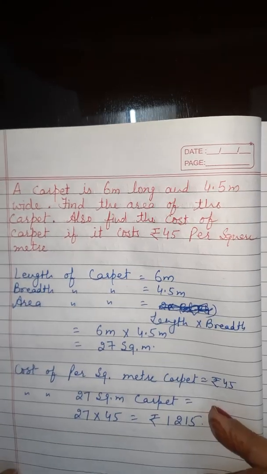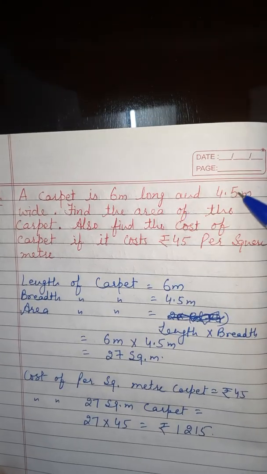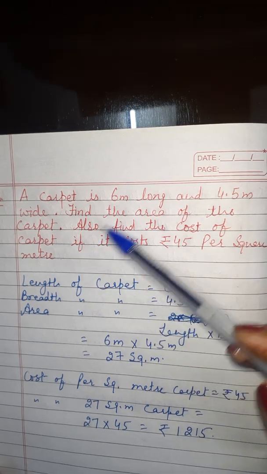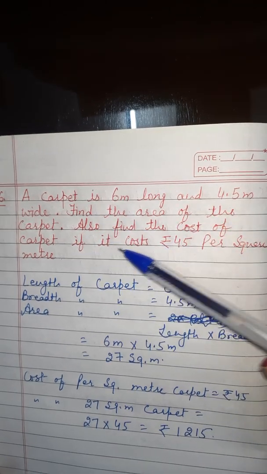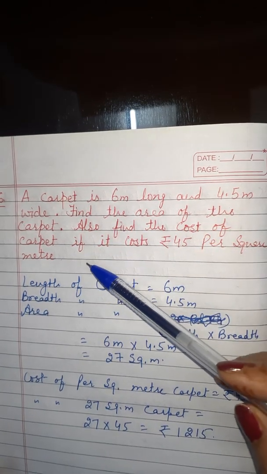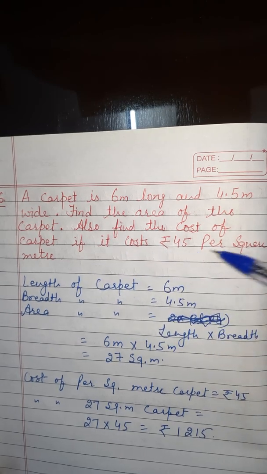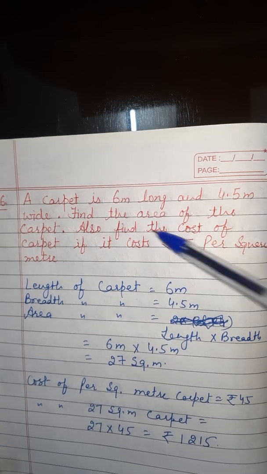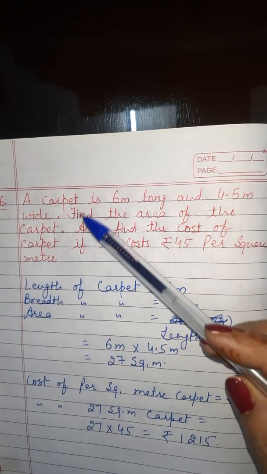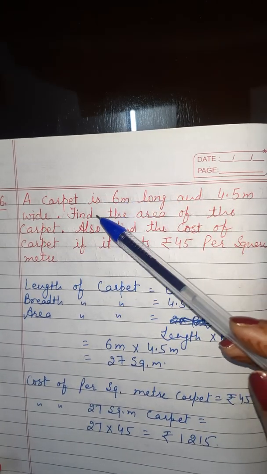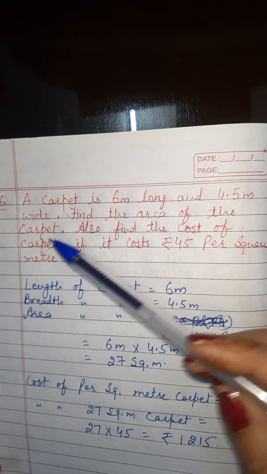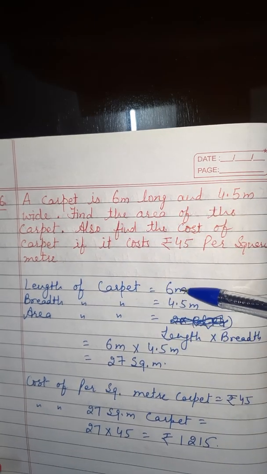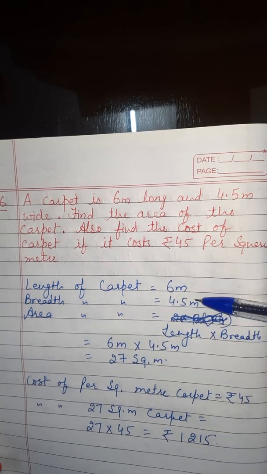Now the next question is: a carpet is 6 meter long and 4.5 meter wide. Find the area of the carpet. Also find the cost of the carpet if it costs rupees 45 per square meter. Here it is clearly given to find the area of the carpet. So the carpet is in the shape of a rectangle because length and breadth are different. Length of the carpet is 6 meter and breadth is 4.5 meter.